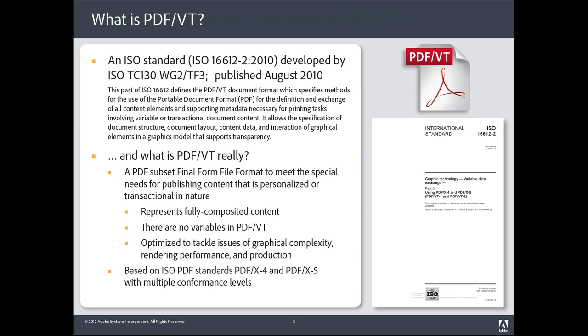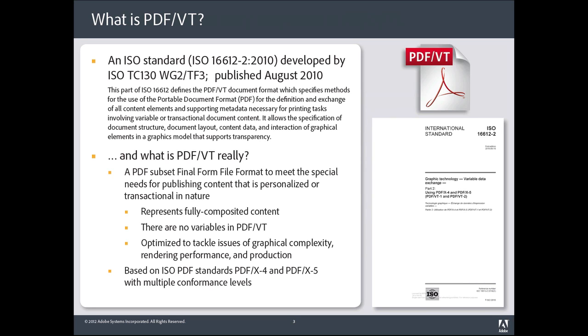Okay, it represents fully composited content. In other words, we're not trying to merge variables with some sort of constant thing on the fly. In other words, it's a final form file format. It doesn't change once you've produced this PDF VT. No variables in it. It's optimized to tackle issues of graphical complexity, rendering performance, and production all together.